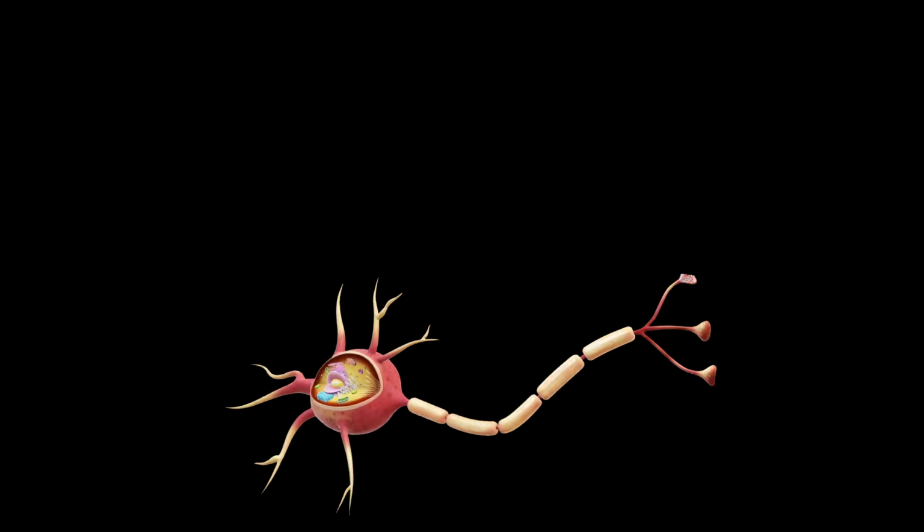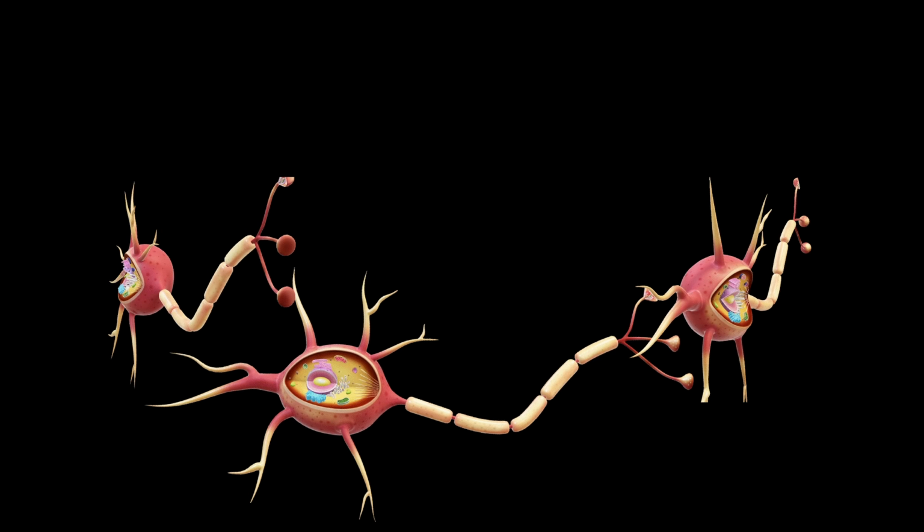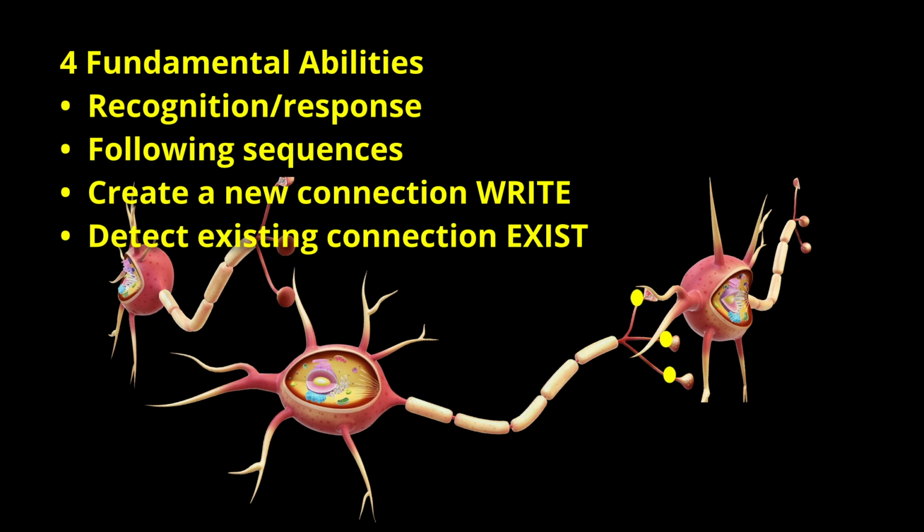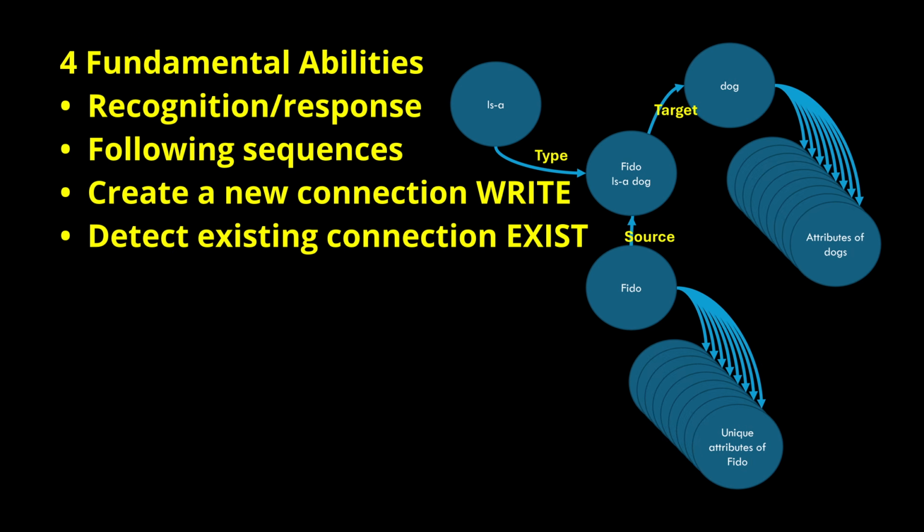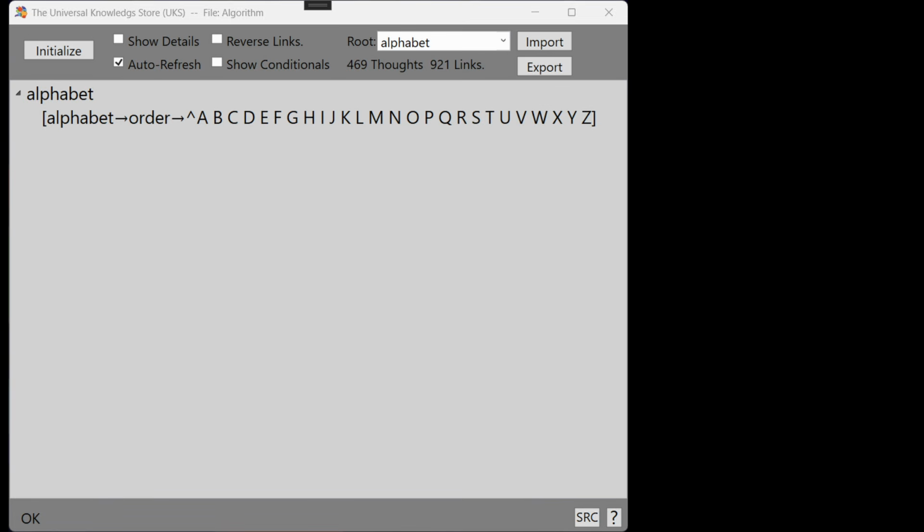These are basic properties of neurons and synapses, and together they are enough to build procedural behavior. Using just these 4 capabilities, I've constructed working procedures entirely from atomic thoughts, a graph-based structure that is neurally plausible.